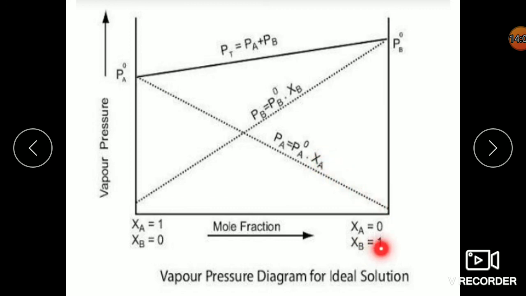Same for the second component. For the second component, the value is 1 here, and on the left hand side you are getting the value 0. So if the mole fraction of the second component is high, the pressure will be high, and with decreasing mole fraction, its value also gradually goes down. So that is the diagram for Raoult's law.